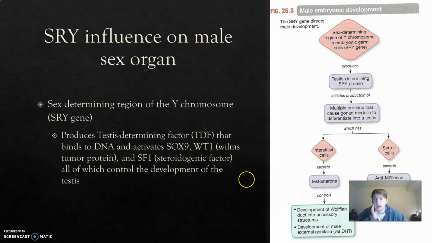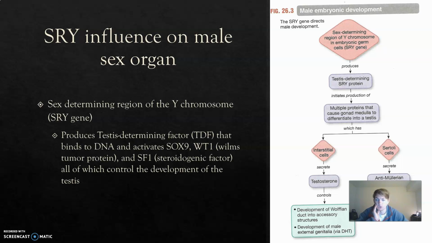So, SRY is the sex-determining region of the Y chromosome, which is a gene. So we call it the SRY gene. The SRY gene produces testes-determining factor that binds to DNA and activates three genes: SOX9, WT1, and SF1, otherwise known as Wilms tumor protein and steroidogenic factor.